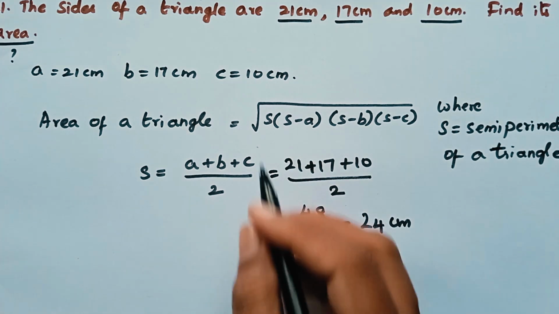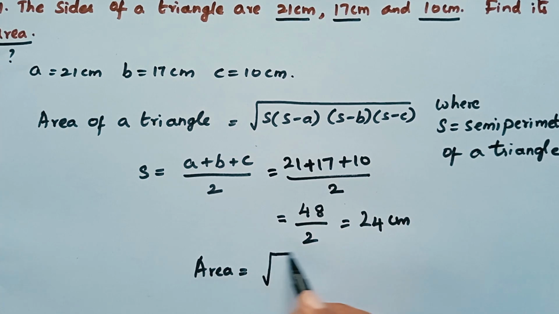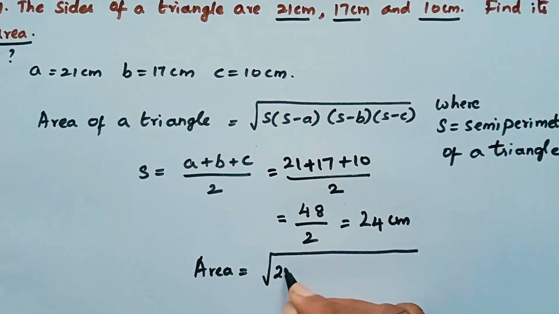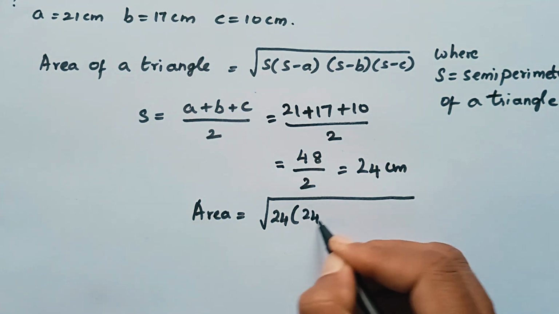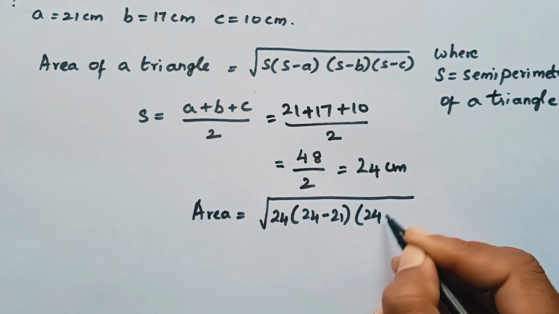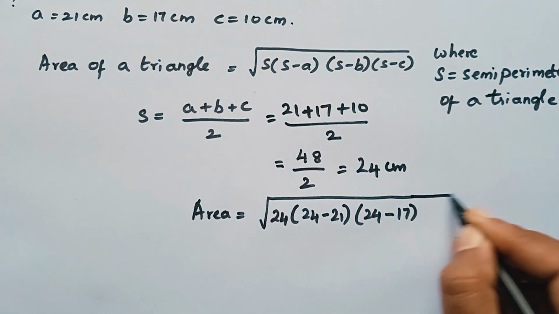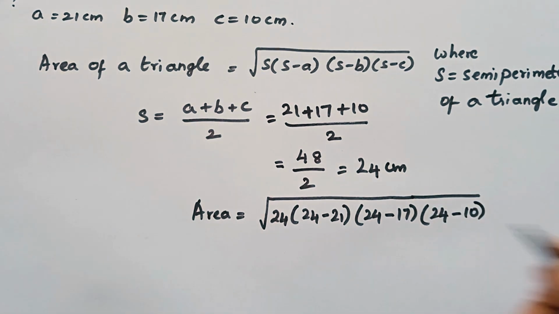Now substitute in the above area formula. Area is equal to root of S, which is 24, into (24 minus 21) into (24 minus 17) into (24 minus 10).